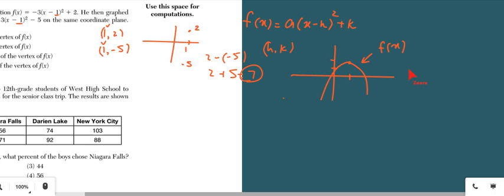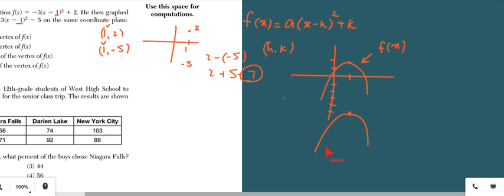Now you have to make the graph for g of x, which has the vertex at 1, negative 5. So 1, 2, 3, 4, 5, so its vertex is at this point and it is also negative, so it will also have a maximum here.